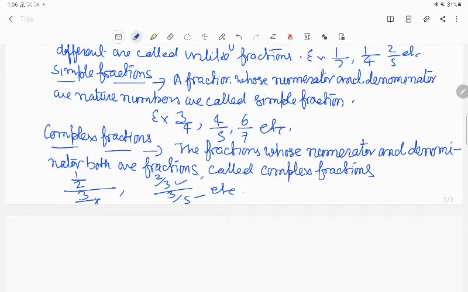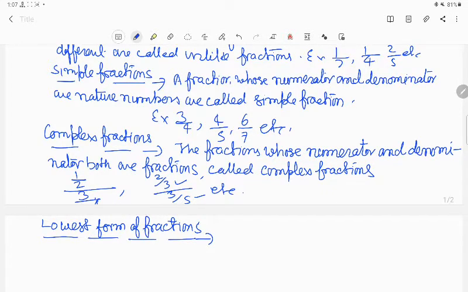Then there are lowest form of fraction and equivalent fraction. Lowest form of fractions: the fraction whose common factor between numerator and denominator is only 1 is called lowest form of fraction.